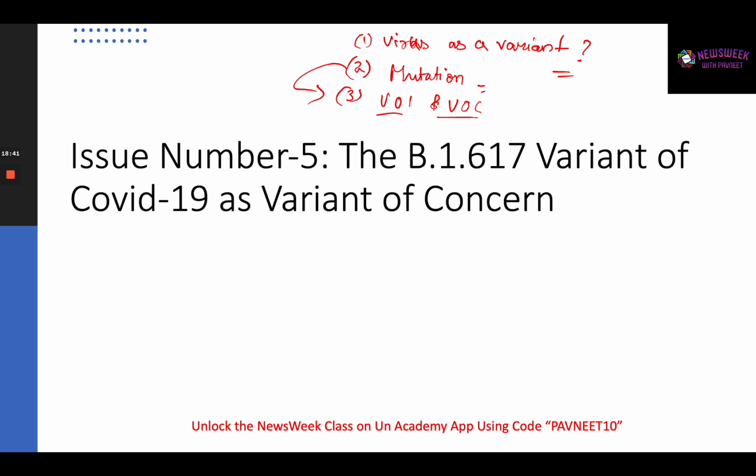But it will be designated as a VOC, variant of concern, only when the mutation acquires a very dangerous character, which includes higher transmissibility, also at the same time causing a higher death rate, and also at the same time a lack of vaccines or medicines to tackle it.